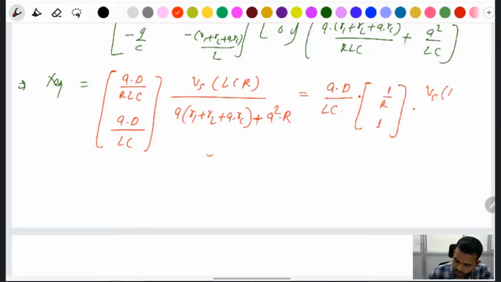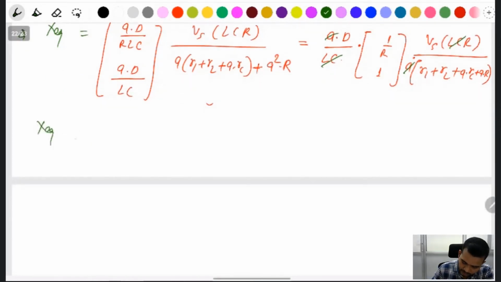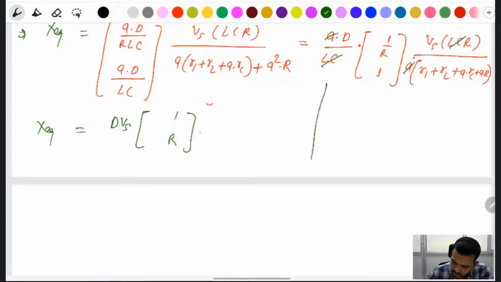This one is 1, and this one value will be into LCR, and divided by, take a common, find R1 plus RL, A into RC, sorry RC, so A is common, A into RC plus A into R. Will cancel out, A cancel out, LC cancel out, multiply by R here, and find dVs to 1 divided by 1 into R.